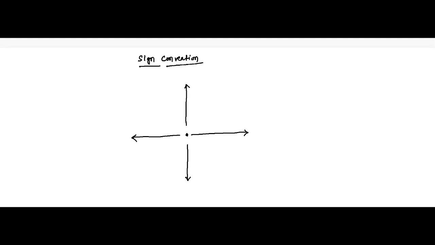So here anything to the right is considered as positive, anything upwards is considered as positive, anything to the left is considered negative, anything vertically downwards is considered negative.